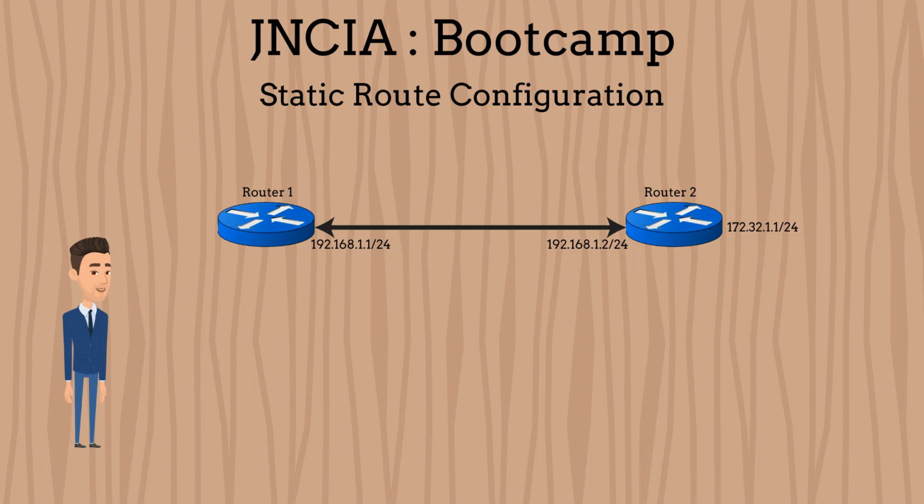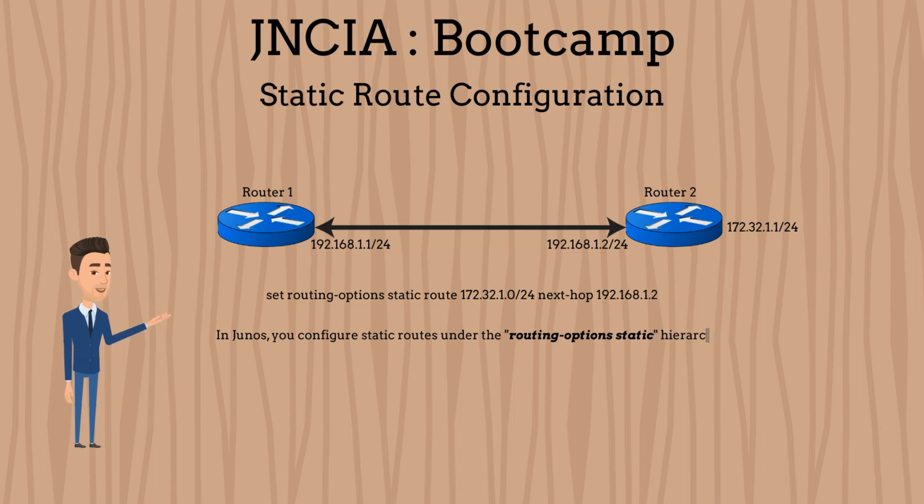So let's go ahead and put that into the CLI. We use set routing-options static route 172.32.1.0/24 next-hop 192.168.1.2. In Junos, you configure static routes under the routing-options static hierarchy.